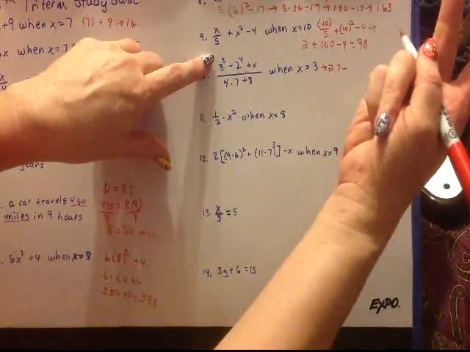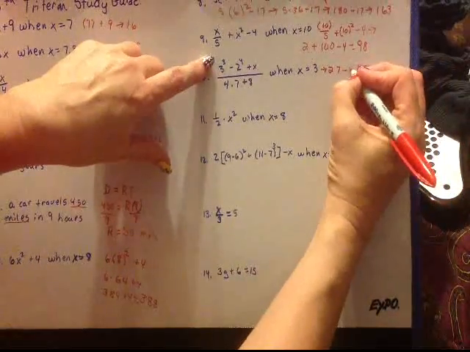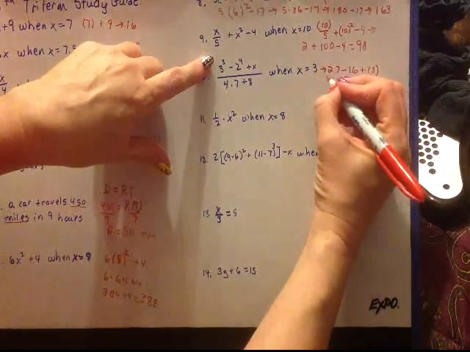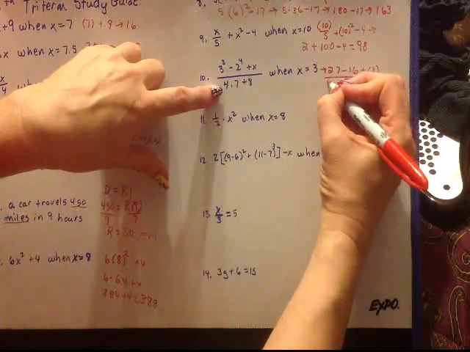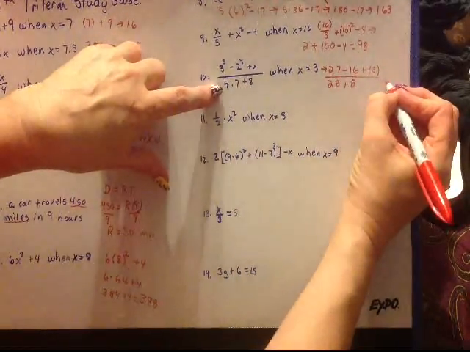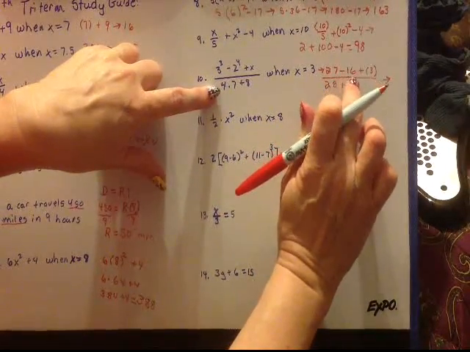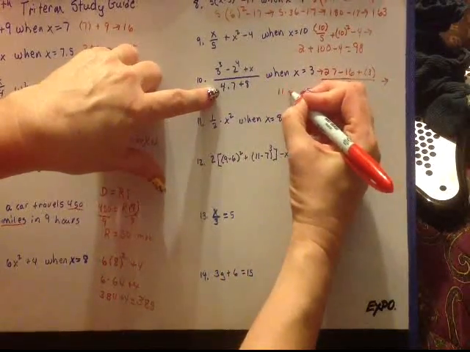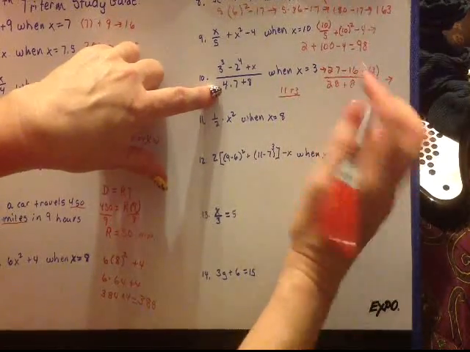Minus 2 times 2 is 4, times 2 is 8, times 2 is 16, plus 3. 4 times 7 is 28, plus 8. 27 minus 16 is 11, and 11 plus 3 over 36.